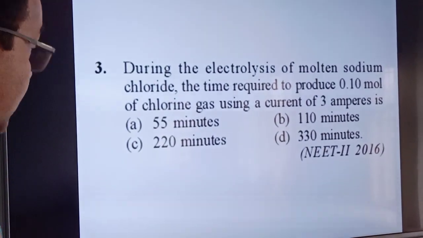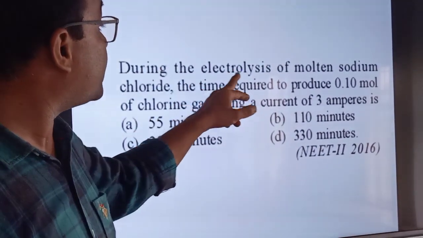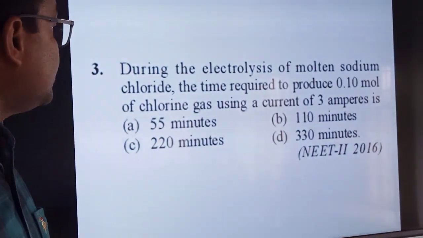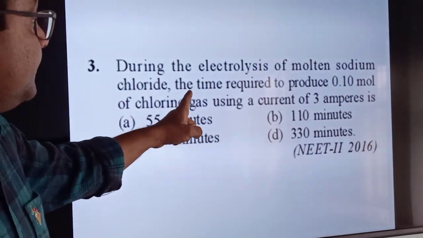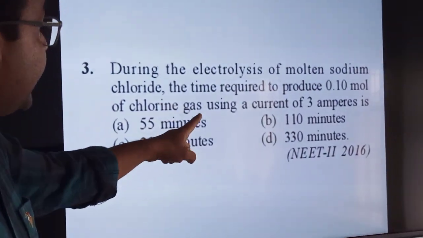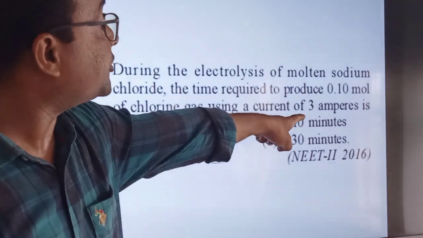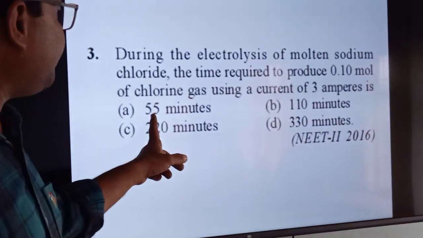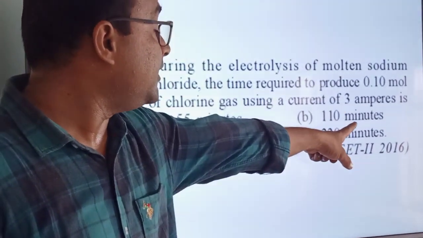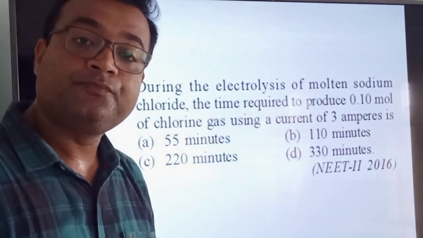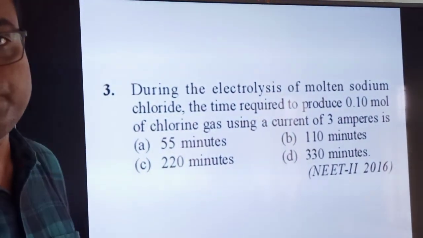Read the question. During the electrolysis of molten sodium chloride, the time required to produce 0.1 mole of chlorine gas using a current strength of 3 ampere is 55 minutes, 110 minutes, 220 minutes, 330 minutes. These are the 4 options.